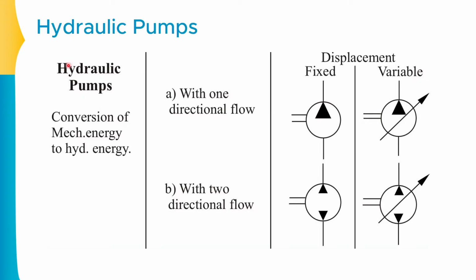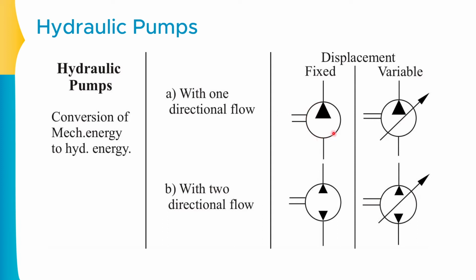So the very first, we are going to understand the symbols of the hydraulic pumps. But what are basically the hydraulic pumps? Let us understand. The hydraulic pumps, or simply pumps, are devices that convert mechanical energy to hydraulic energy. The mechanical energy will be received with the help of an electric motor or any kind of motor or the IC engine to the pump.